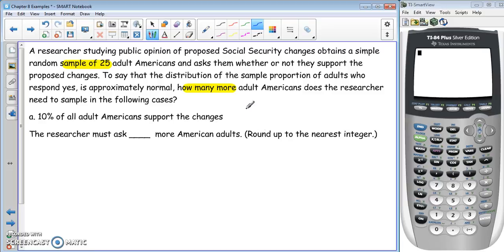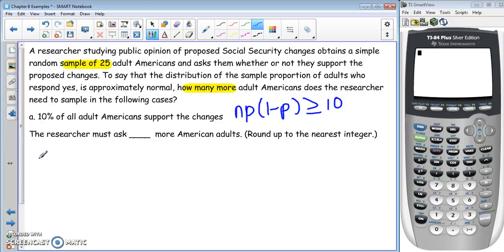So we're concerned about the condition n times p times 1 minus p being greater than or equal to 10 for the distribution to be approximately normal. So this is what we're trying to satisfy. For simplicity, we're just going to look at the case where it's equal, and then we round up to the nearest integer to make sure that it's actually true.